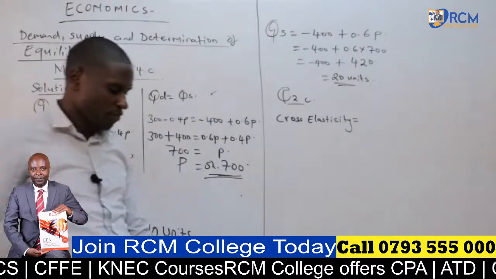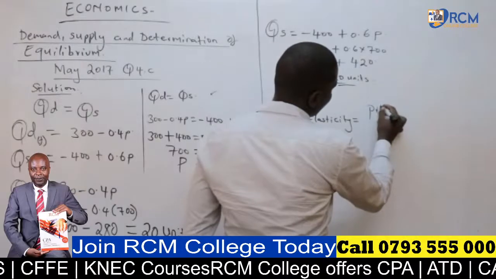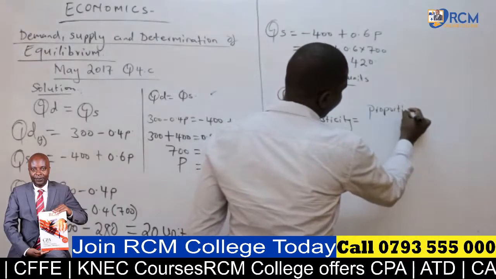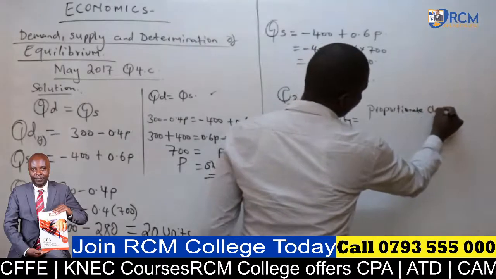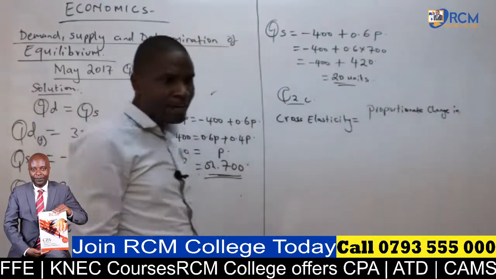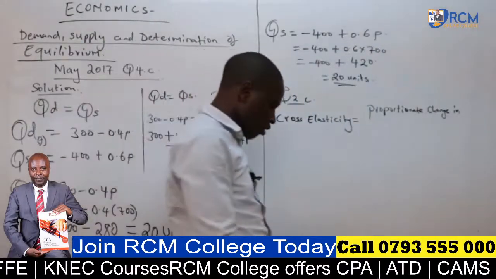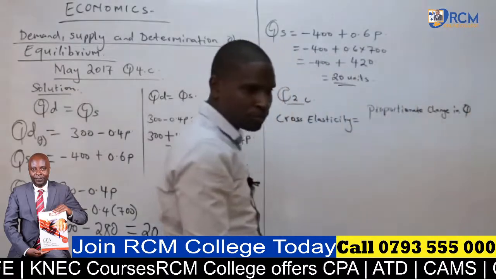The formula is the proportionate change in QD, in quantity demanded of good Y. I just use QD. I hope it's visible.